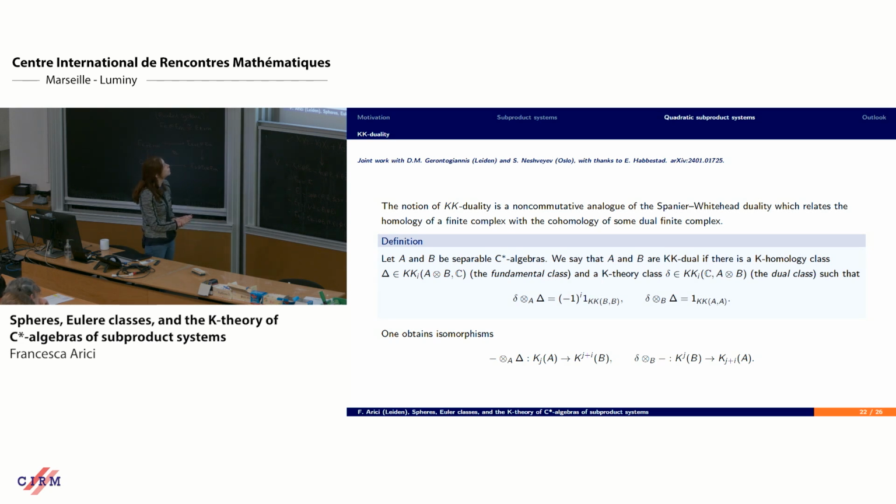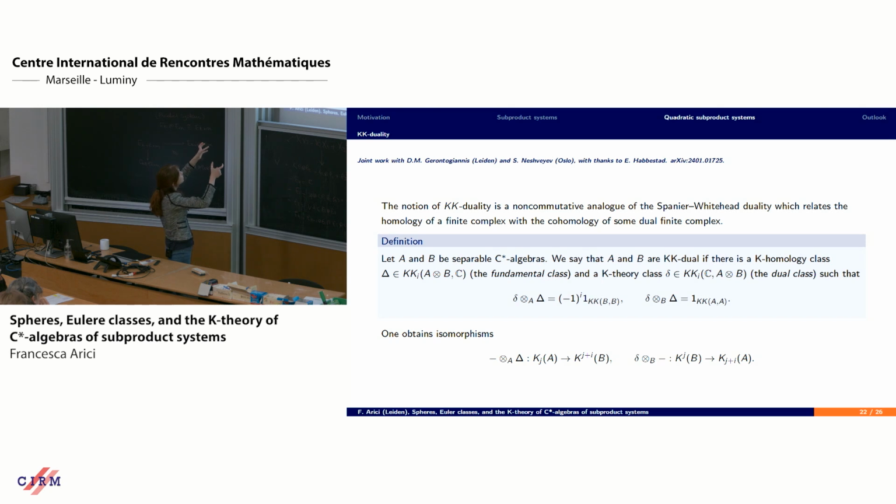So let me remind you of what KK duality is. It's this notion that was introduced by Kasparov that basically generalizes Spanier-Whitehead duality, or if you want, Poincaré duality, which is the duality that relates the homology of a finite complex with the cohomology of some dual. You can make sense of this notion in KK theory.